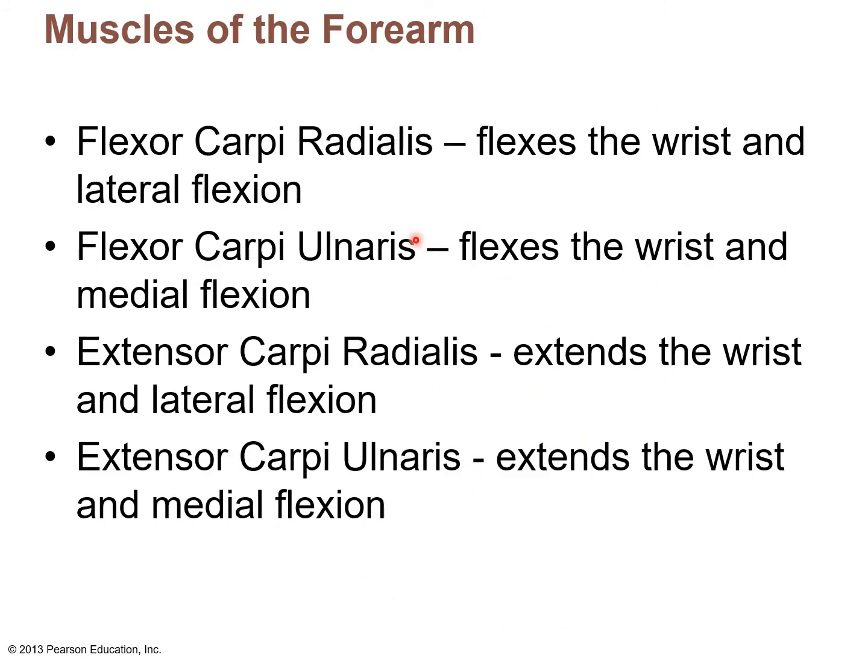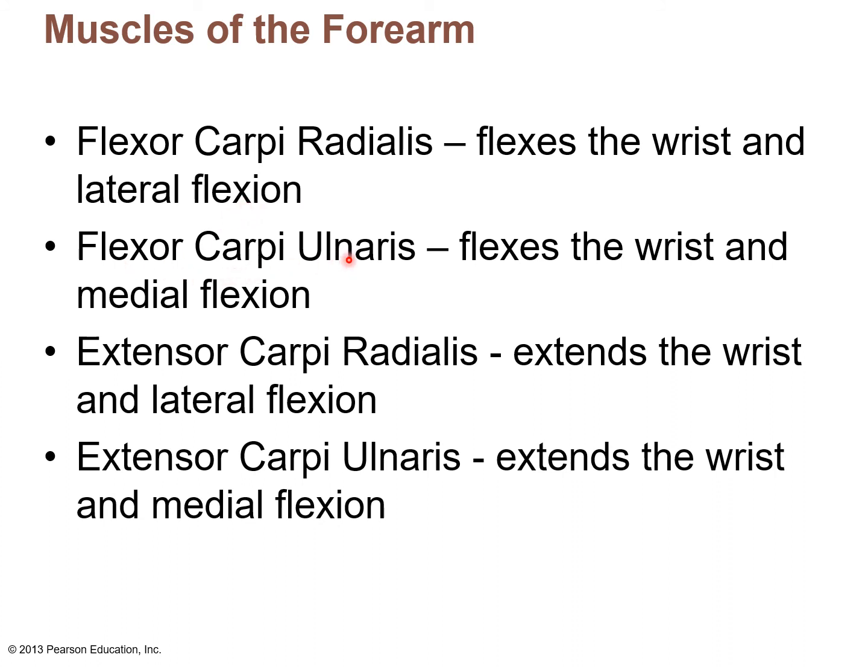So there's muscles of the forearm, the flexor carpi radialis, flexor carpi ulnaris, extensor carpi radialis, and extensor carpi ulnaris. The extensors are on the back of the forearm, and the flexors are on the front. The flexor carpi radialis flexes the wrist, and it causes lateral flexion of the wrist because it's on the lateral side.